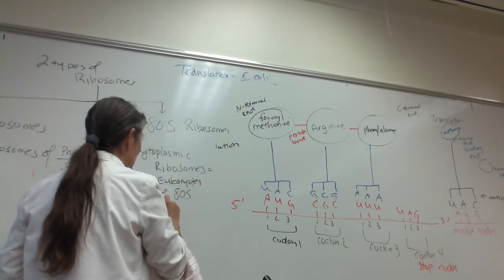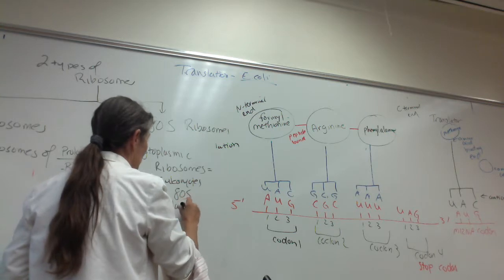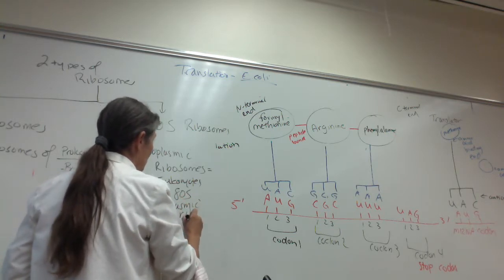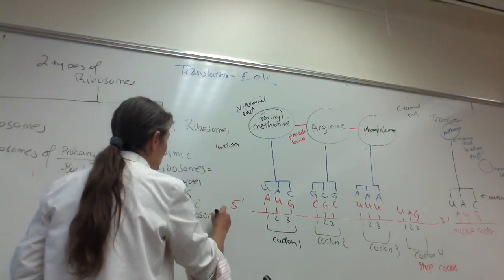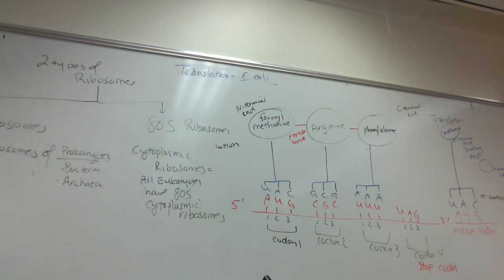Now, why am I making a big deal about cytoplasmic ribosomes? Where else in your cells would you have ribosomes? Yeah, good, you guys. So in parentheses over here, under 70S ribosomes, where else might you find 70S ribosomes? Not in the cytoplasm of these cells, but where?